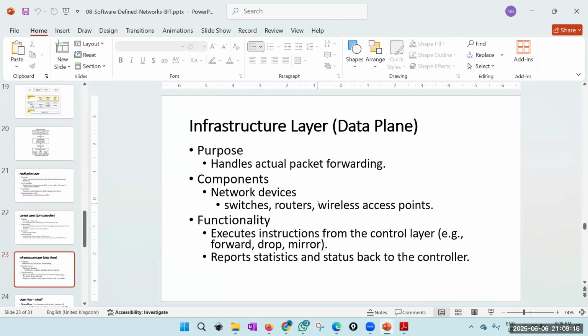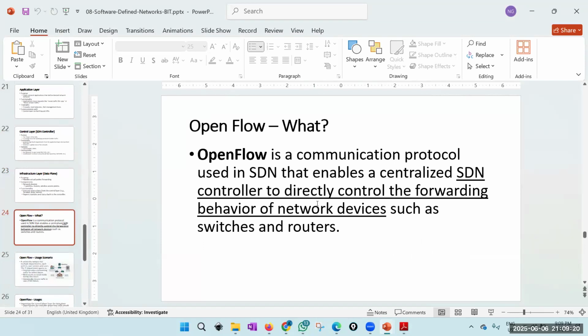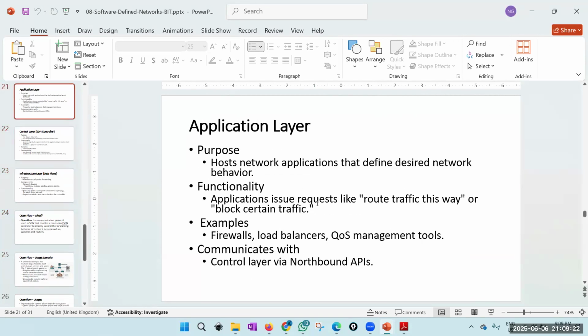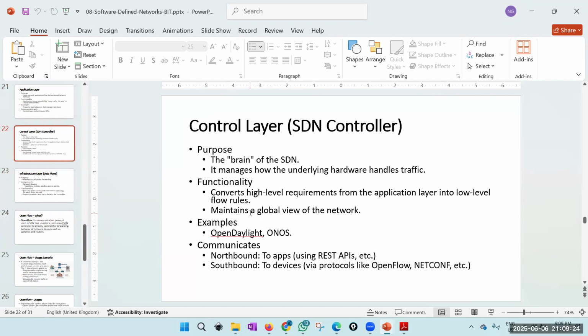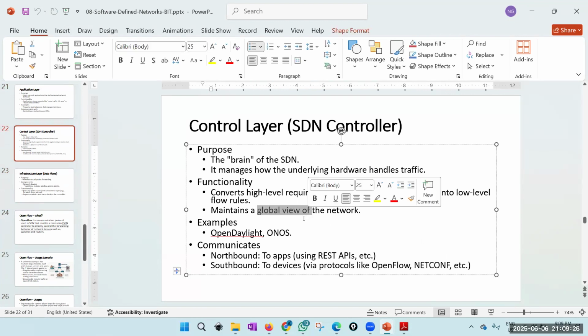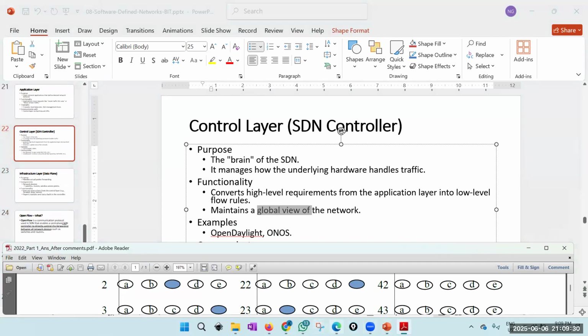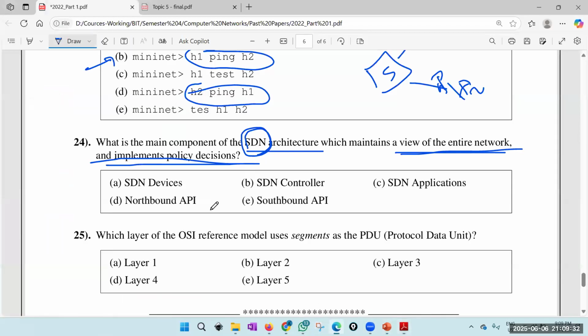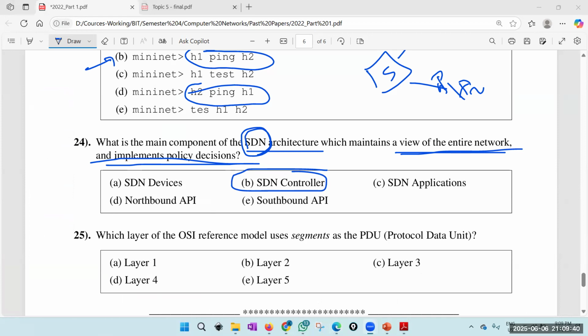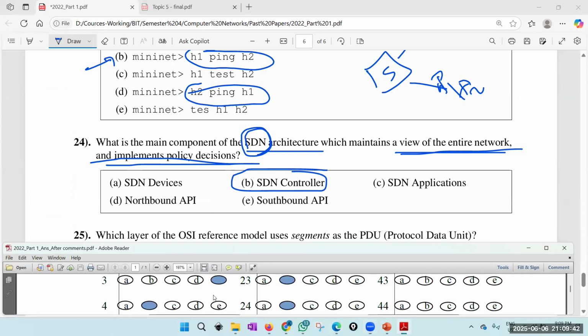Then the infrastructure layer is your data layer, and so on, right? Yes, so the global view is maintained by the control layer. Is it B? Question 24. Yes, B.